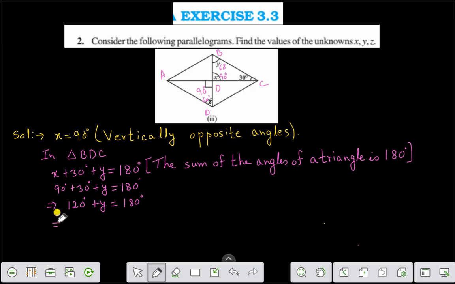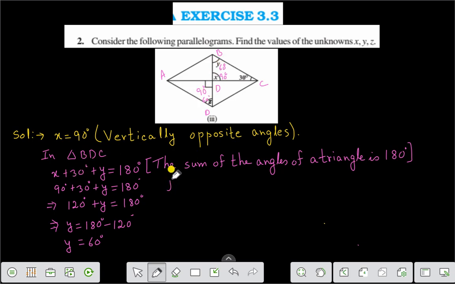Or you can say y is equal to 180 degree minus 120 degree, and that is y is equal to 60 degree. Therefore we got the value of y is equal to 60 degree. Right? Therefore we got this value.